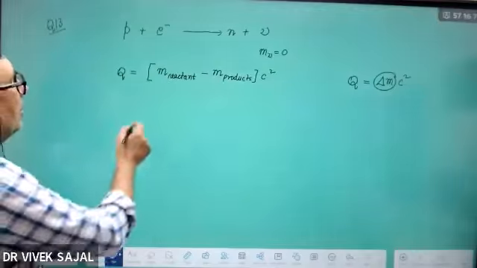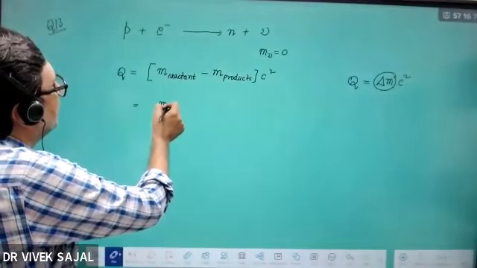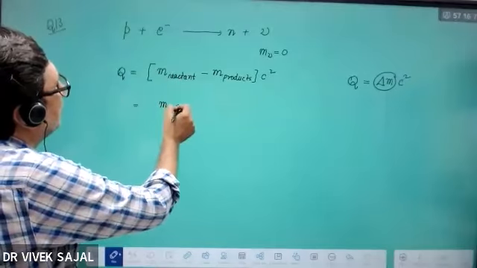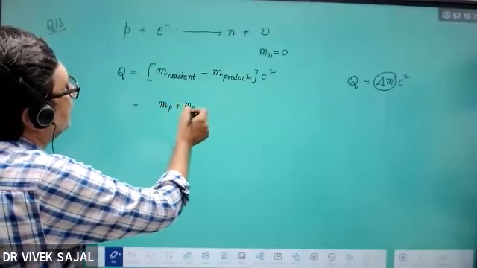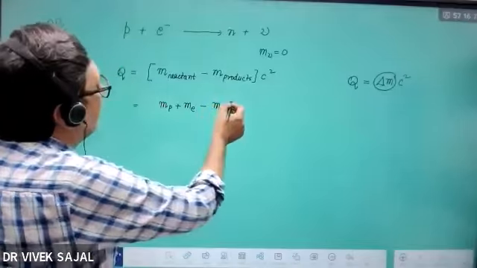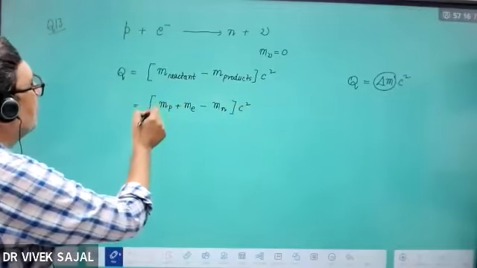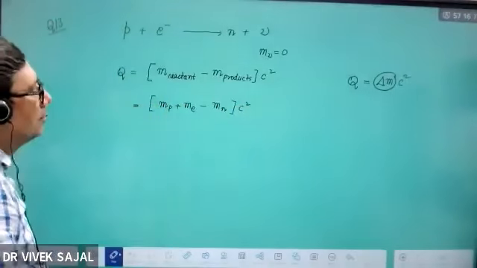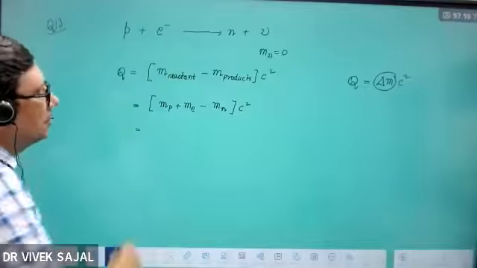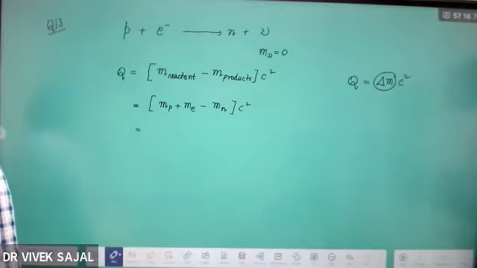So what will be the mass here? This is mass of proton plus mass of electron minus mass of neutron, into c square. So how much will it be?